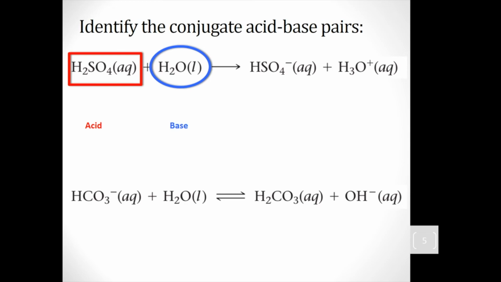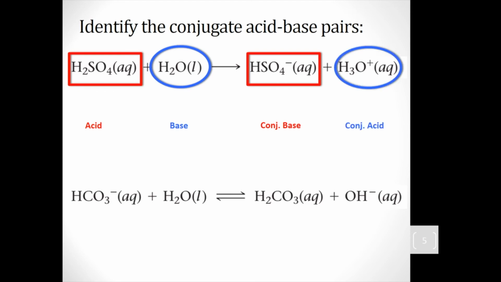That is the conjugate base. So an acid will have a conjugate base, and a base will have a conjugate acid. Let's explicitly mark them. Water accepts a proton from H2SO4, so water is acting like a base, and on the other side of the reaction, its conjugate acid is H3O+.